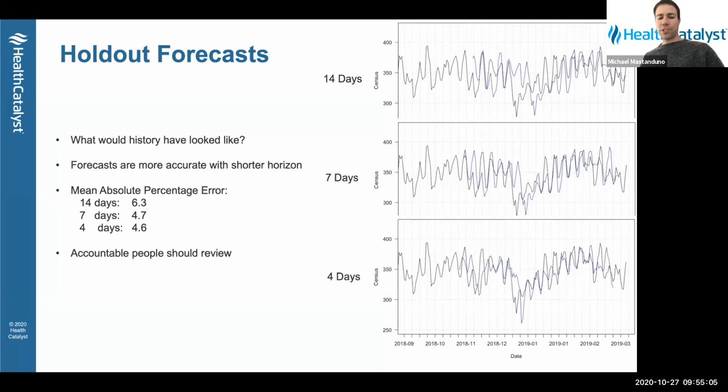So if you were to put this in front of accountable people, you'd be able to say, yeah, we're within 5% when we look a week out. That's often going to be good enough for your application, but it depends on what your application is. And that's how you would assess predictive performance.